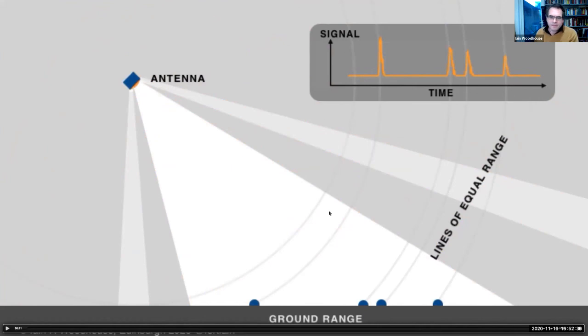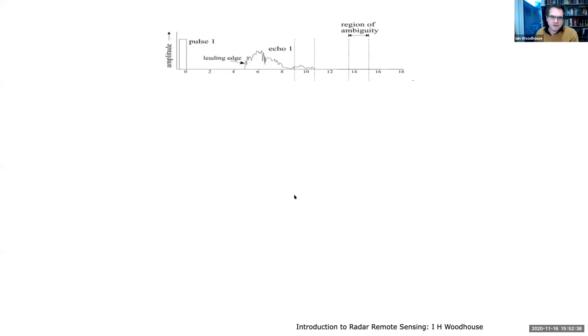Except we do have a problem, and that's the issue of coverage, because we send out multiple pulses. So this is our pulse going out. That's our echo coming back. So this is time along here.